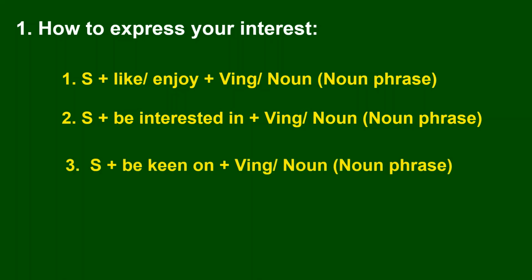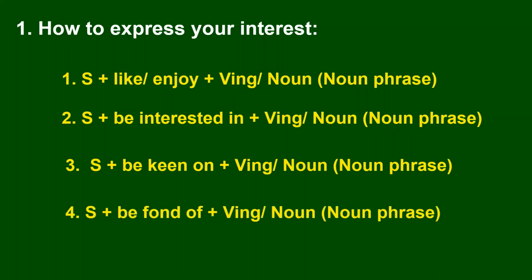Number 3, subject and be keen on and verb-ing or noun phrase. Number 4, subject and be fond of and verb-ing or noun phrase. And these are the 4 ways of expressing your interests. It's easy, isn't it? That's good.